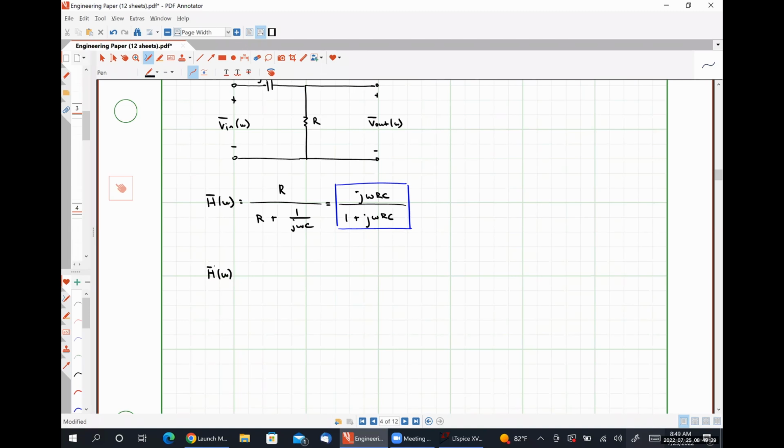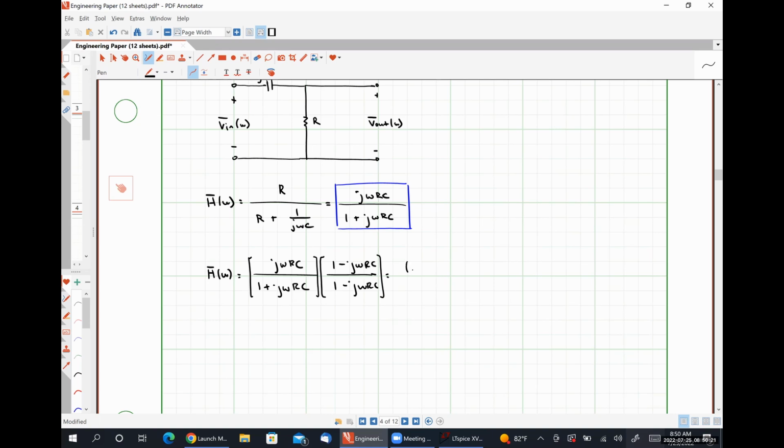From here, I'm going to break this transfer function into its real and imaginary components. So I'm going to have J omega RC over 1 plus J omega RC times 1 minus J omega RC over 1 minus J omega RC. And so when I have J omega RC times negative J omega RC, that's going to look like negative J squared, which is positive 1.